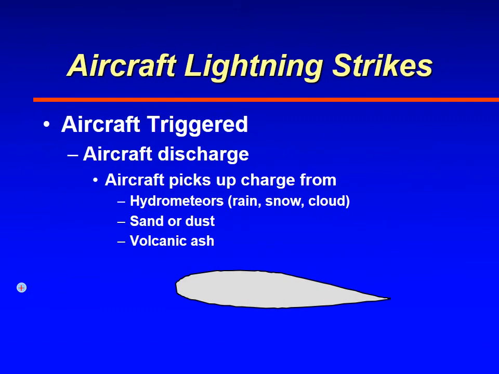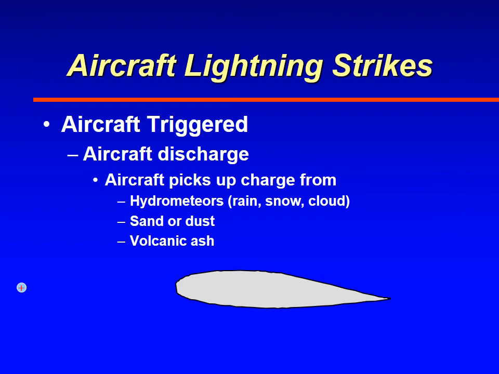The other way that an aircraft can trigger lightning is by picking up a large amount of charge. So what happens is, as the aircraft flies through a cloud, the cloud may be charged. Either the hydrometeors carry a positive or negative charge, and it's not necessarily just hydrometeors. Even if you fly through sand or dust or volcanic ash, a lot of times these particles carry a charge. Pilots flying through volcanic ash have reported seeing glowing as a result of the charge that the aircraft picks up.